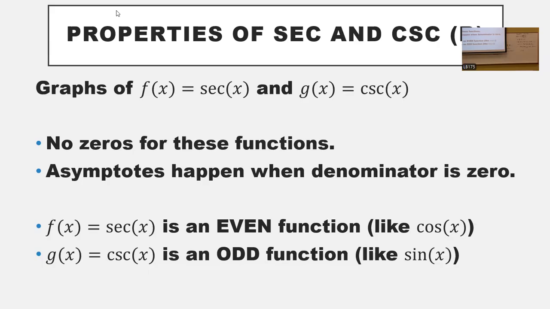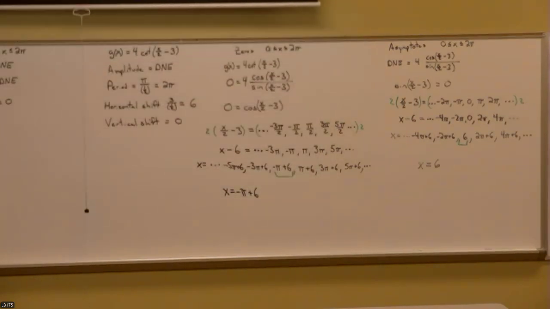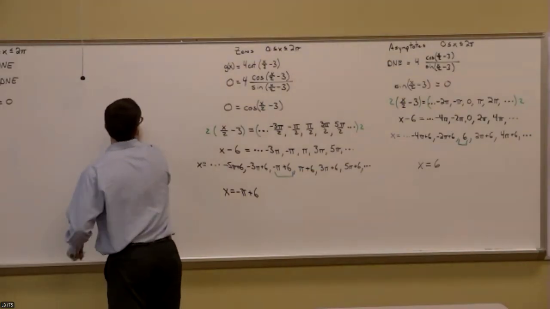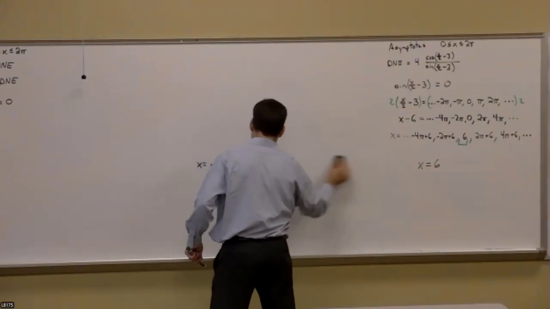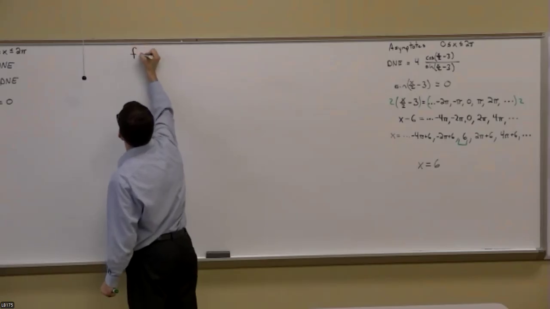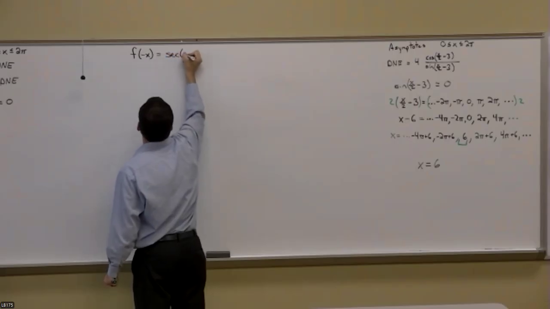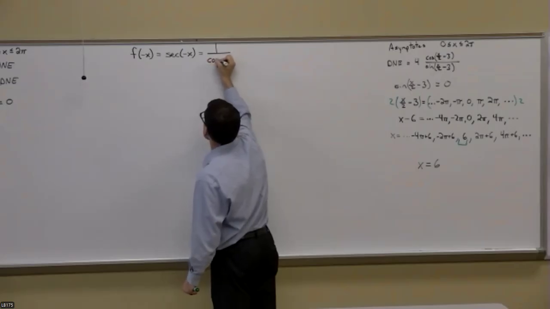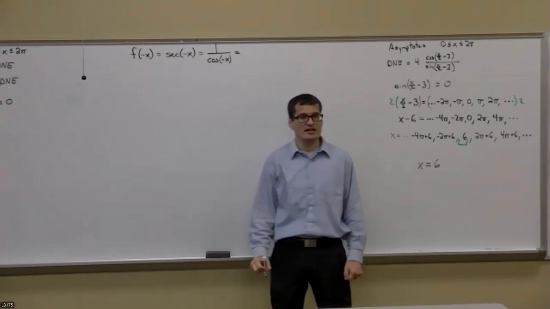We can go ahead and show that real quick. I'll do it over here. So if I took secant, for instance, and I plugged in a negative x, I can think of that as 1 over cosine of negative x, but we know what cosine, even and odd, does.